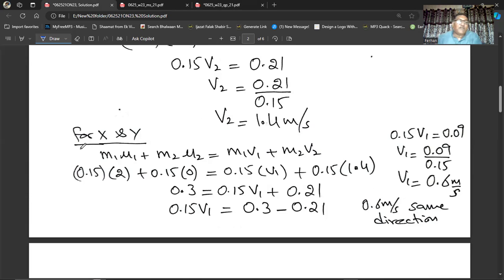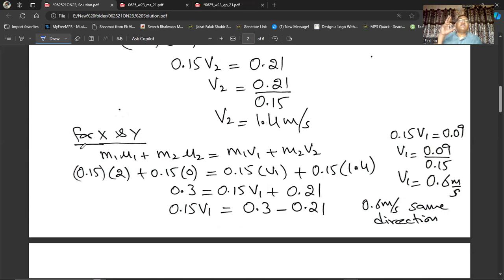So M1 is 0.15, U1 is 2, plus M2 is 0.15 kg, and U2 is 0, since Y was stationary. After the collision, M1 is 0.15, and V1 is the velocity of the X after the collision. We don't know that. We want to find it out. Plus M2 V2, that is 0.15 multiplied by 1.4, the velocity of the Y after the collision, 1.4 meters per second.